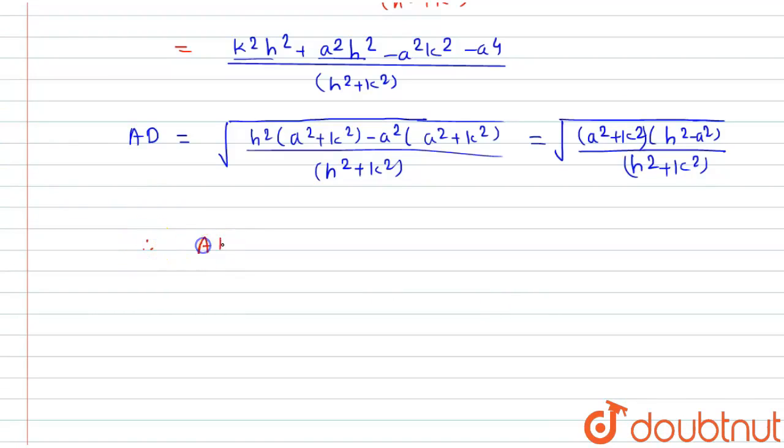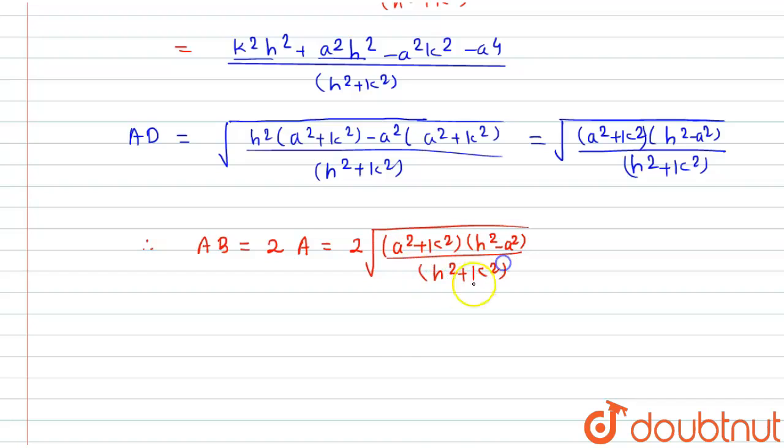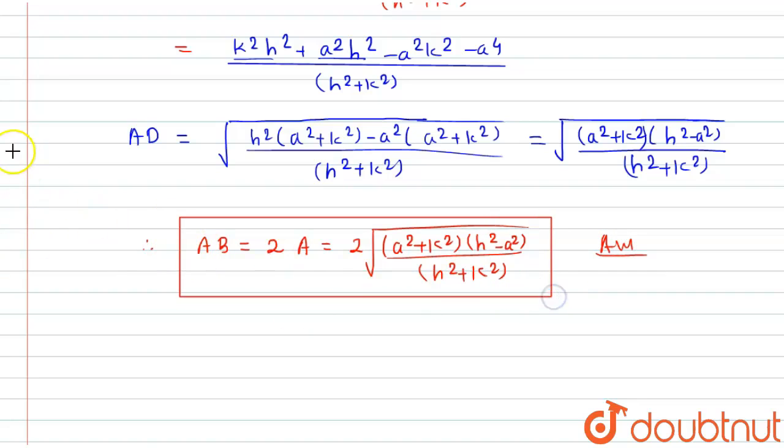Therefore AB equals 2 times AD, so it equals 2 times root over, in bracket a square plus k square, in another bracket h square minus a square, divided by h square plus k square. And this is our final required answer. So this is the required solution for this particular question.